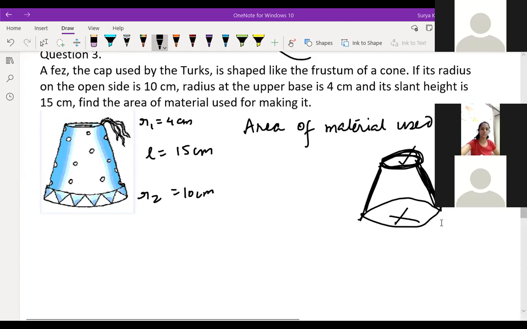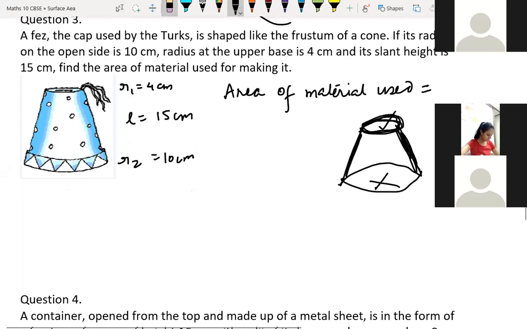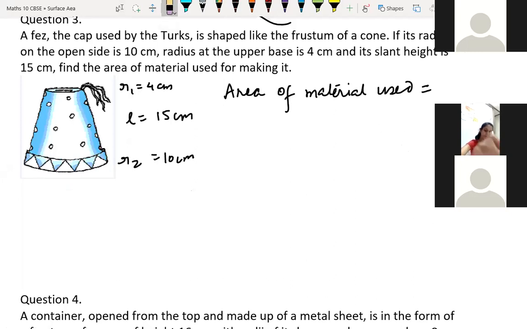So area of material used is equal to CSA of frustum plus area of small circle.